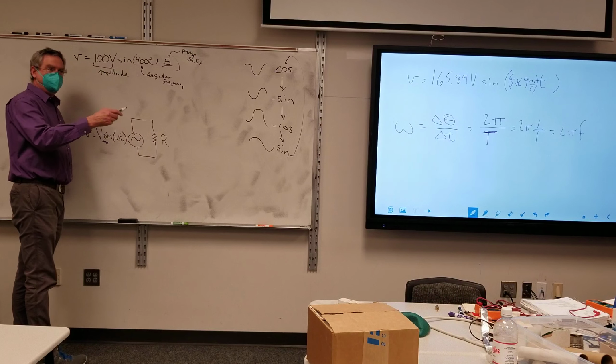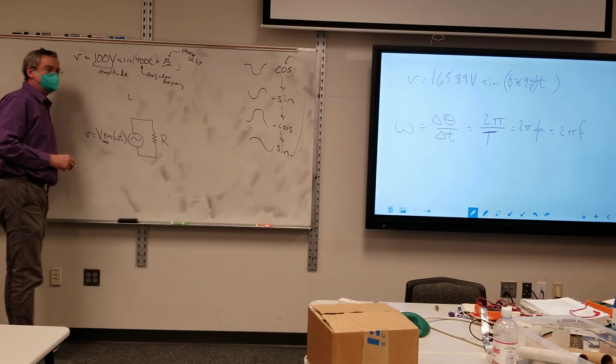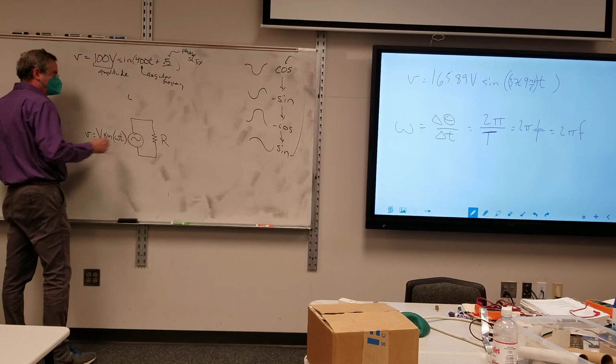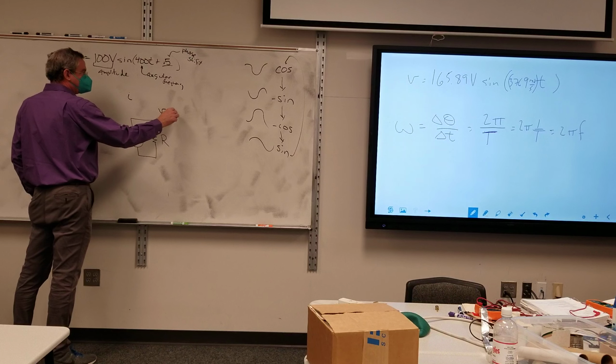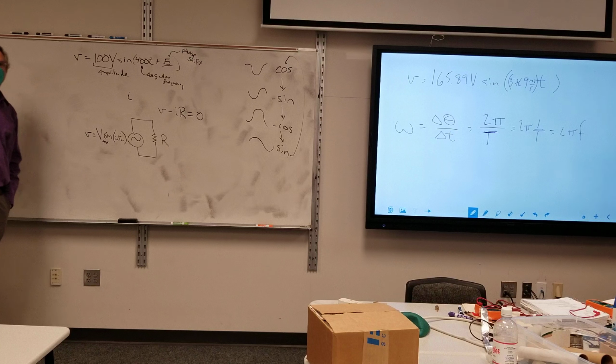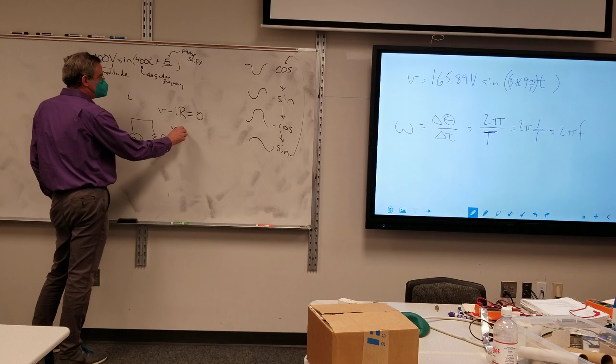Except the current's constantly fluctuating, so the symbol I'm going to use for AC current would be just a lowercase i. Please don't confuse it with i hat, because there's no hat there. I know that V minus iR has to equal 0. So V is equal to iR.